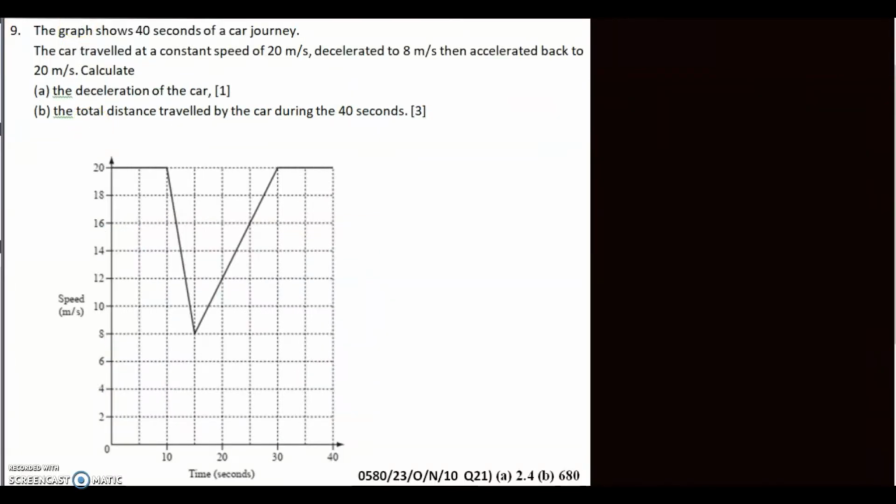Okay, in the next question, the graph shows 40 seconds of a car's journey. The car traveled at a constant speed of 20 meters per second, decelerates to 8 meters per second, and then accelerated back to 20 meters per second. Calculate the deceleration of the car. Deceleration is represented by the falling line. Deceleration is found by finding the slope of this line. So I don't see any unit conflicts in speed and time.